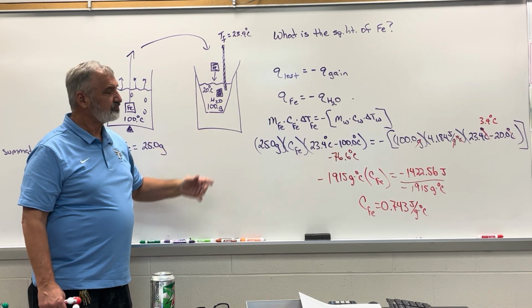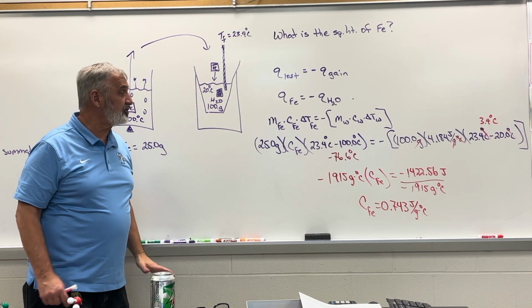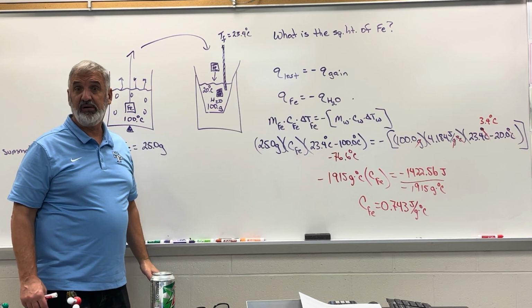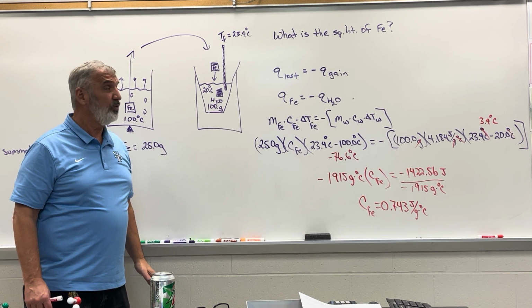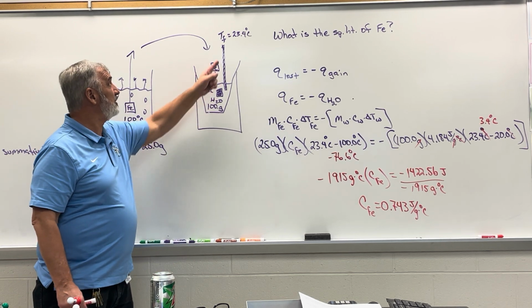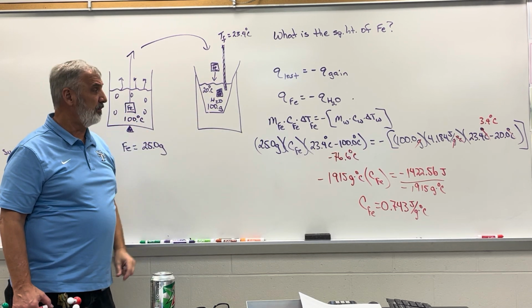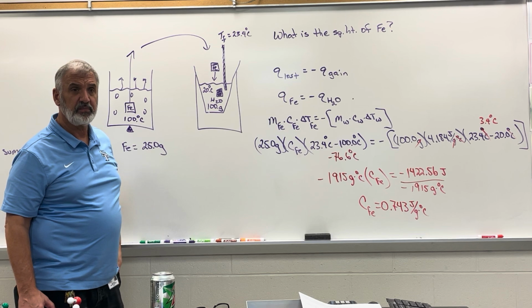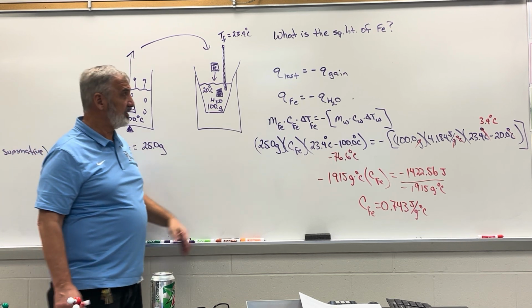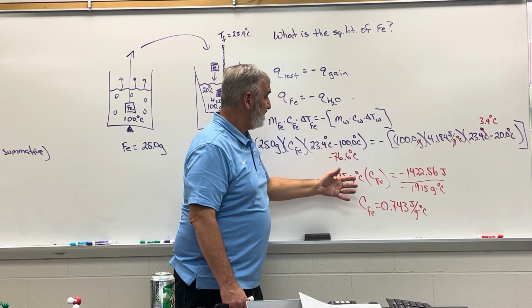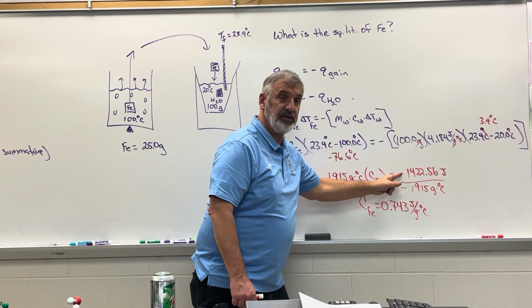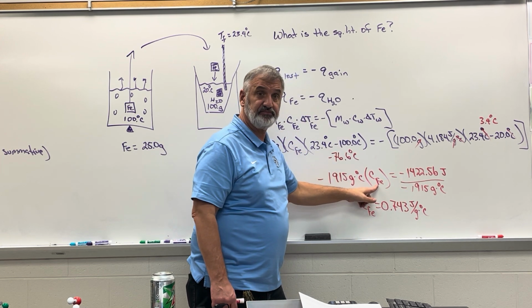Okay? So how should I change this to make it work? What would I need to do with the T final? Do I need to make it bigger or smaller? Bigger. Look at the math here. Now, when I'm dividing here, I need this number to be smaller, right?